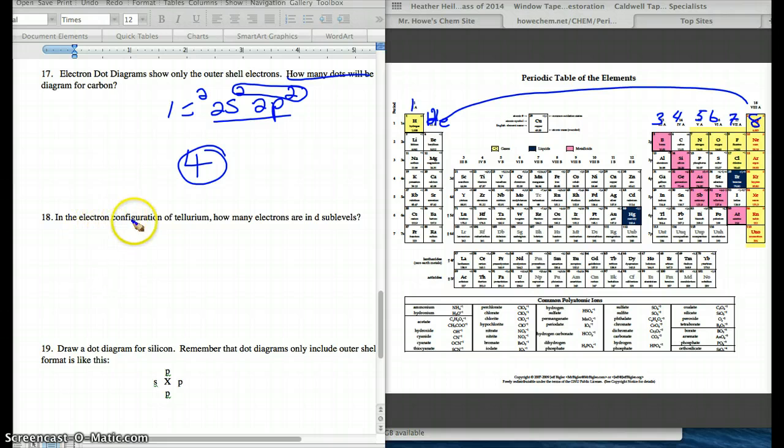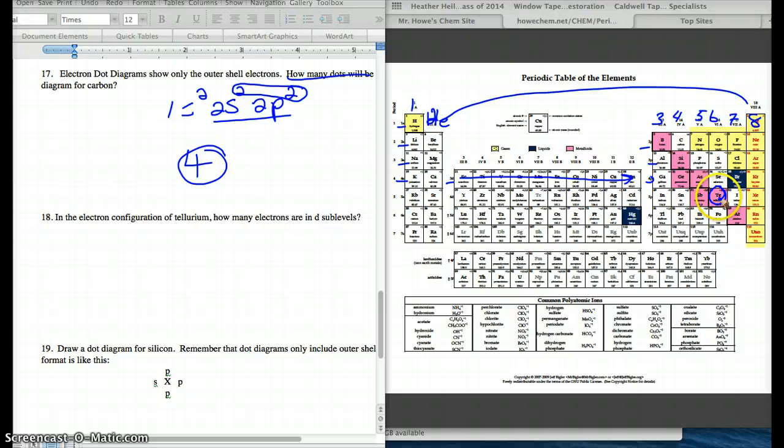Now, the electron configuration of tellurium, how many electrons are in d sublevels? We did tellurium on the previous page, so you can go back and look at that. Or you can just do what I'm about to show you. Here's tellurium. If I'm going to get to tellurium, I go through the 1s, then the 2s, then the 2p, then the 3s, then the 3p, then the 4s, then I have to go through 3d all the way over, then to 4p, then 5s2, and then 4d10, and then 5p4.